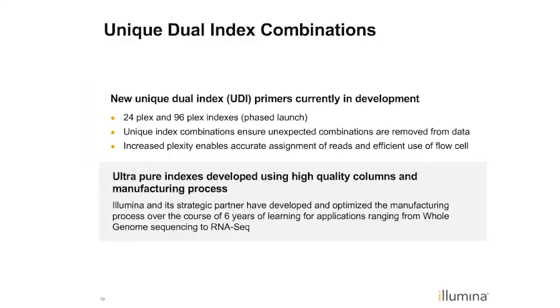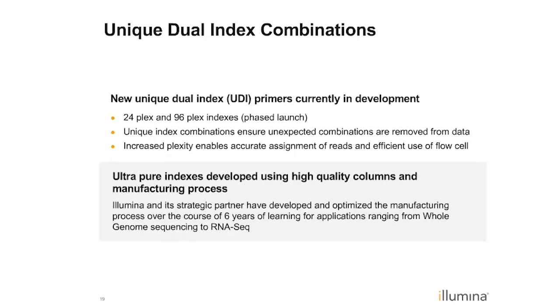So let's talk about unique dual index combinations that we're working on. As I mentioned, in our current kits, the HT kits, the DAP and the RAP plates, you can find up to 8-plex combinations that are unique to do your work now. In the future, over the next few months, we'll be launching a 24-plex unique dual index kit of forked adapters and also a 96-plex.